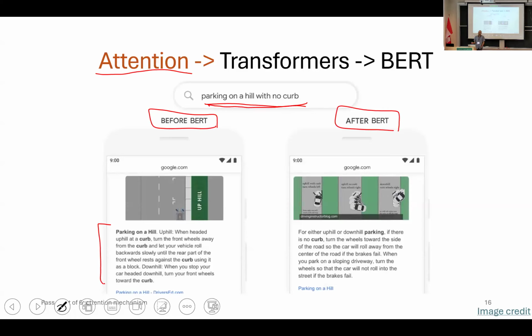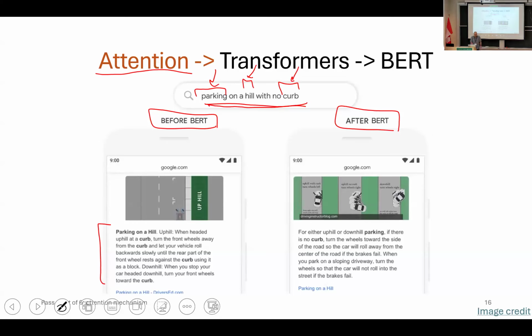Why is that? Because before BERT, this search query used to be processed based on its keywords. So the main words we had were parking, hill, curb, right? So Google search before 2016 was doing the best it could possibly do. It was giving us results about parking, hill, and curb.